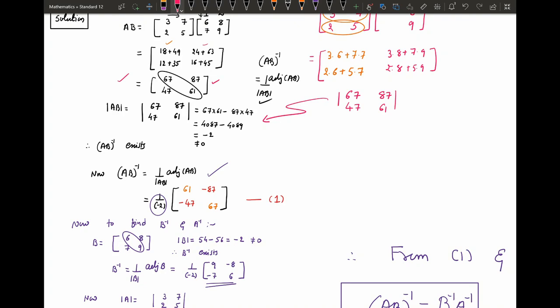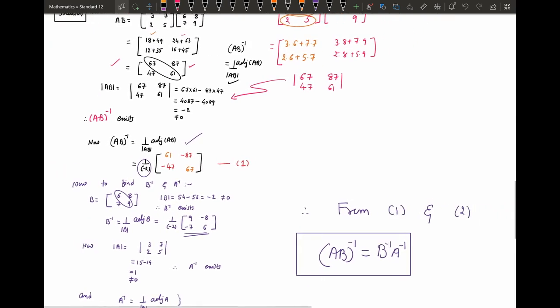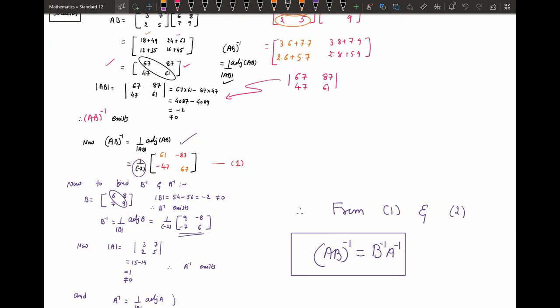That's why (AB) inverse exists. According to the formula, (AB) inverse is adjoint AB upon determinant AB. This is the value of determinant AB.